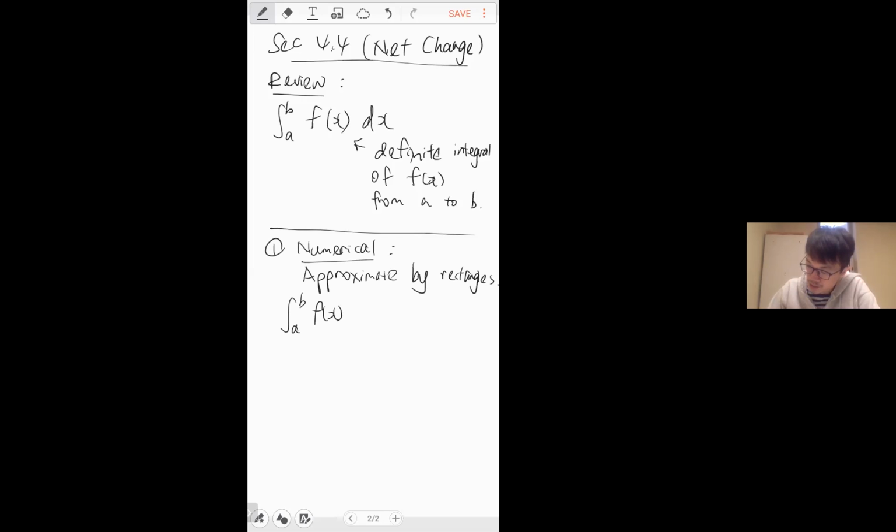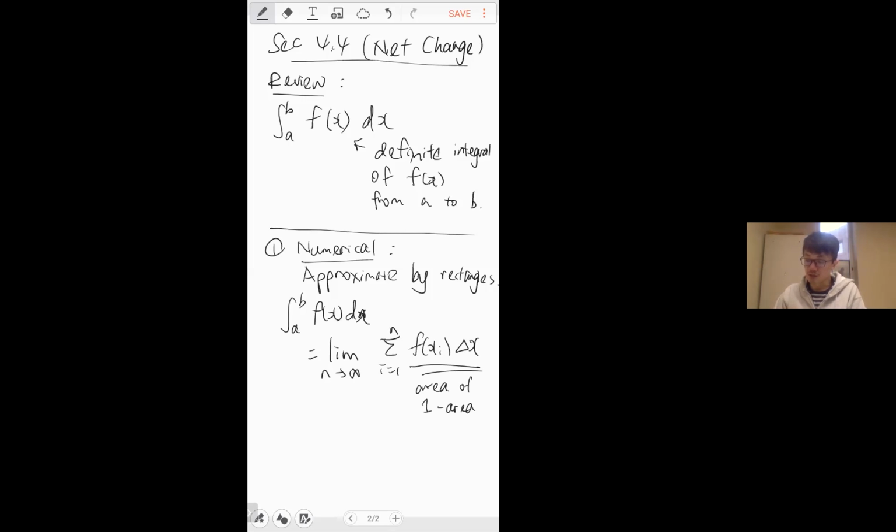And let me remind you what this is. So the way you do it is you define this to be the sum of areas of rectangles. So let's say you're taking n rectangles, and then you pick your sample points xi, you plug into your function, and then you get this. So for each term in your summation, this is the area of one rectangle.